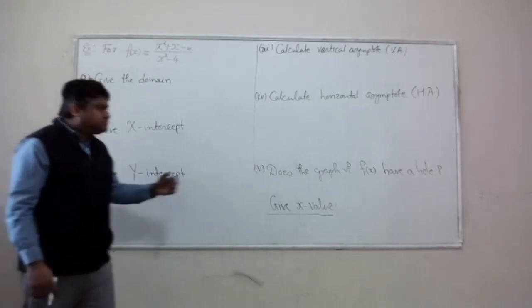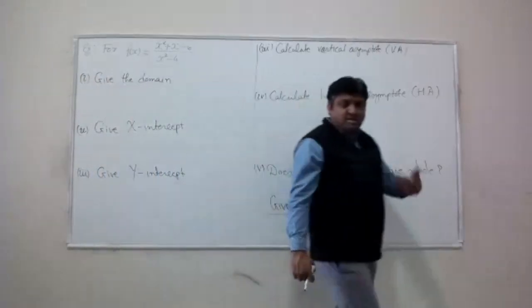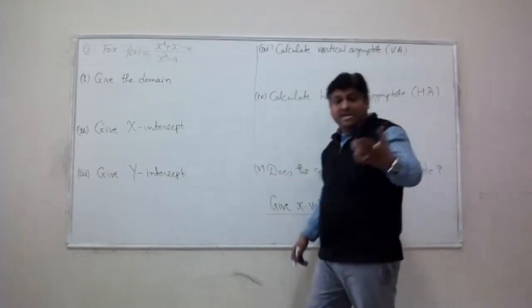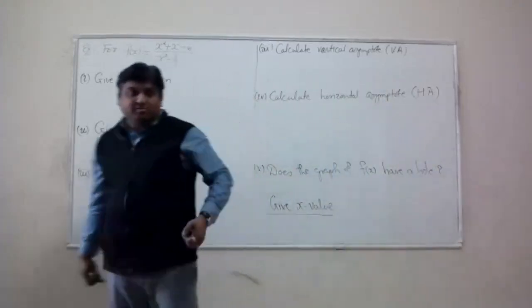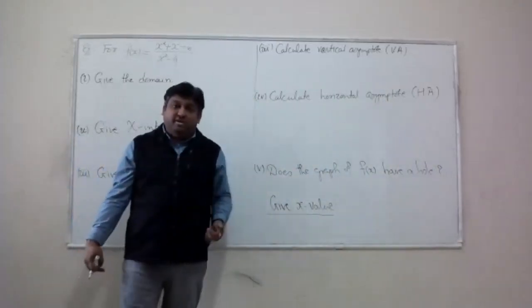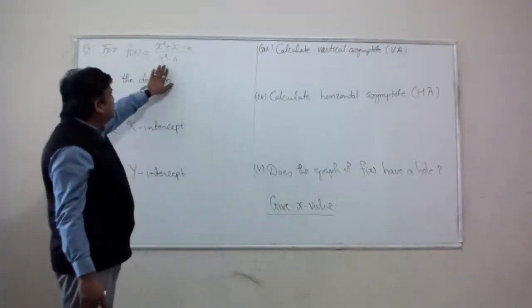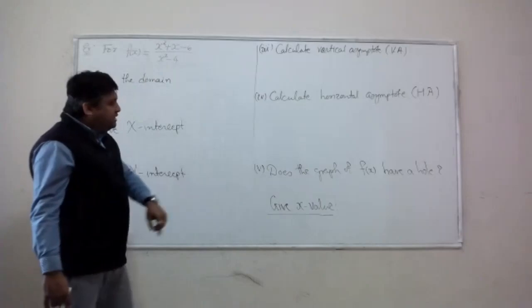All right. Let's try to answer all these questions carefully. And perhaps by now you should be able to relate many of these concepts with the theory of limit. And I'll make a note about that. But for now, let's work with this function.